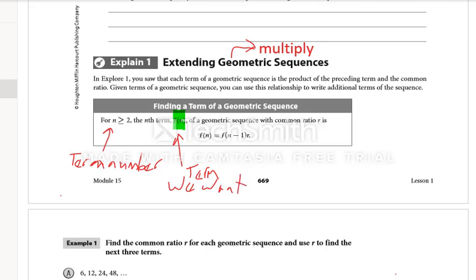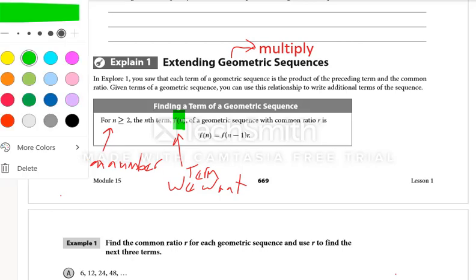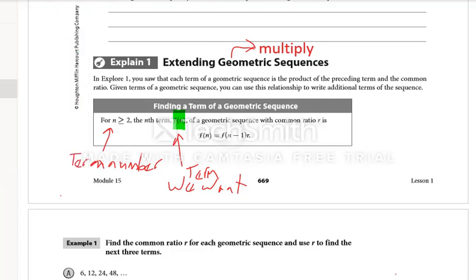That nth term is our previous term. And that f of n minus 1 just means the previous term, like we've looked at before. And we multiply that by the common ratio, which is r.